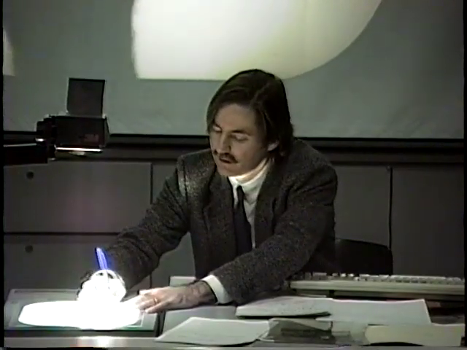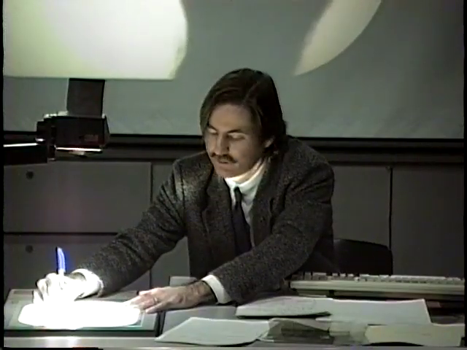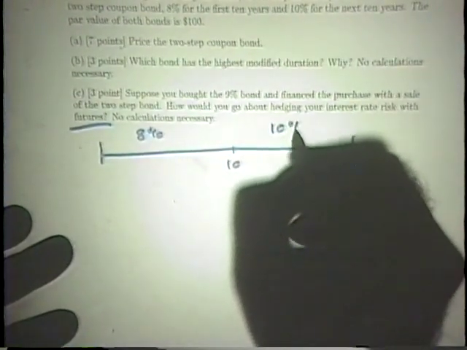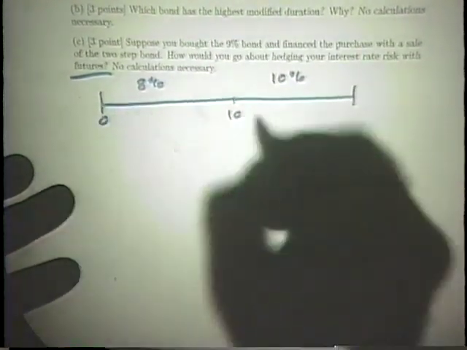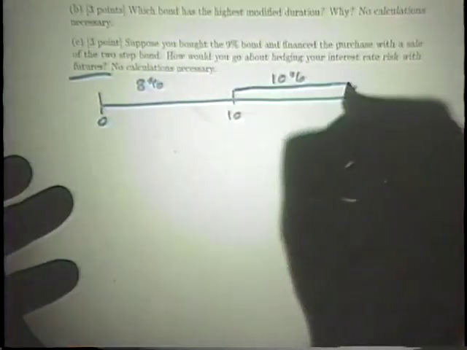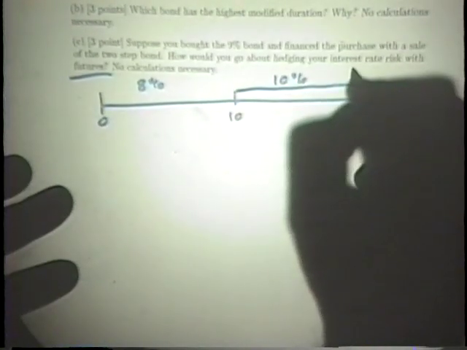So the way that I like to do this question is to draw kind of a timeline. For the first 10 periods, we've got 8% coupons, and then we've got 10% coupons after that. So beginning with 10, we go 0 to 10, and we also get our principal here of 100.